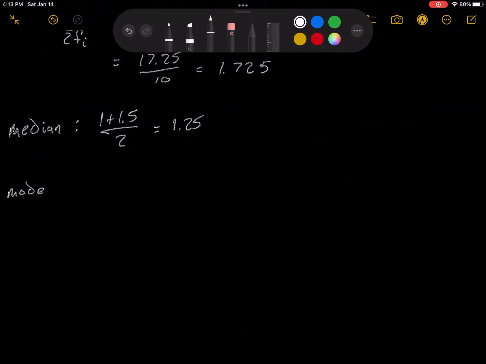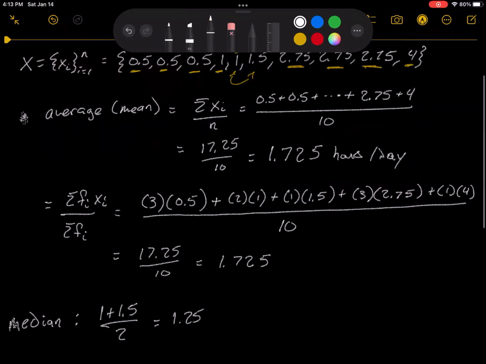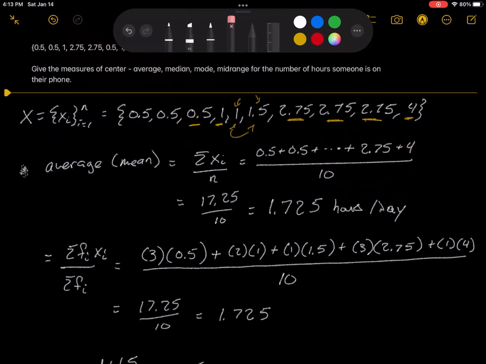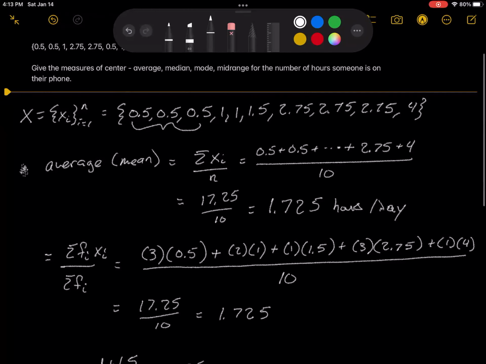Now for the mode. The mode is the data point that occurs most often in a data set. So let's clear off all of our work so far. And because it's ordered, we should be able to easily identify these. I've got 3 0.5s. I also have 3 2.75s.